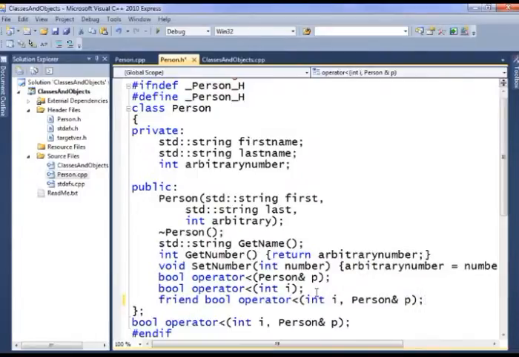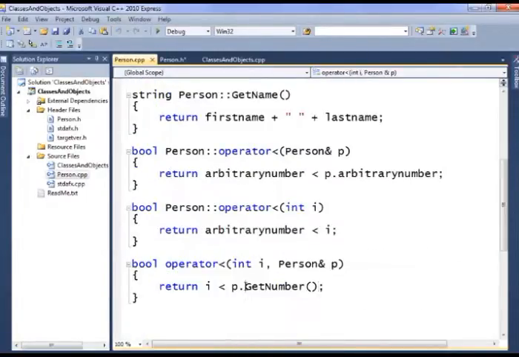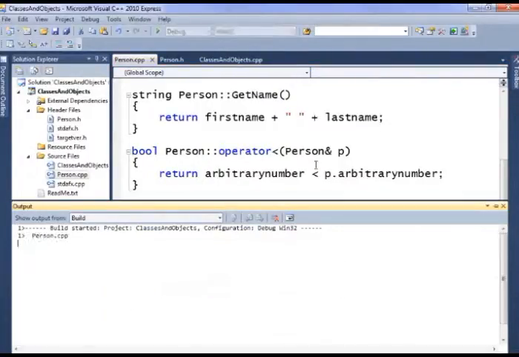What it does is it says this is an exception to the rules about what is private and public. It doesn't make operator less than that takes an integer and a person somehow a member function of person, but it does give it those privileges. And once those privileges have been given to it, instead of calling this public function getNumber, I can use this private arbitrary number, and I'll just build this to prove to you that it compiles.